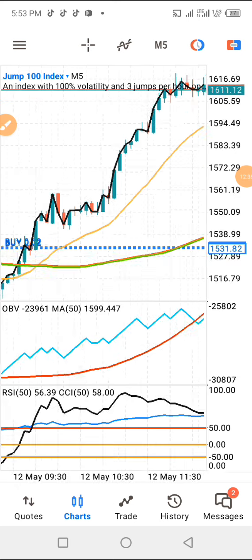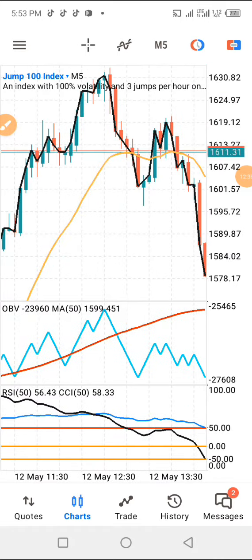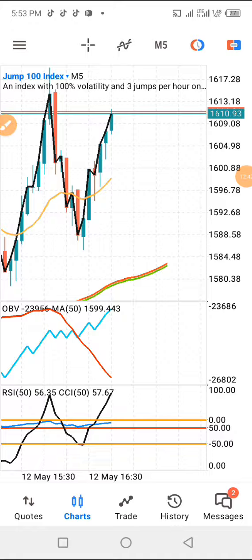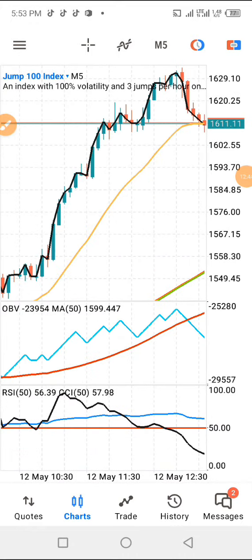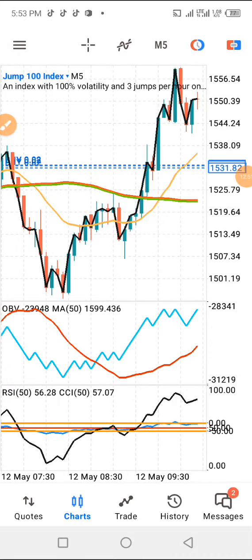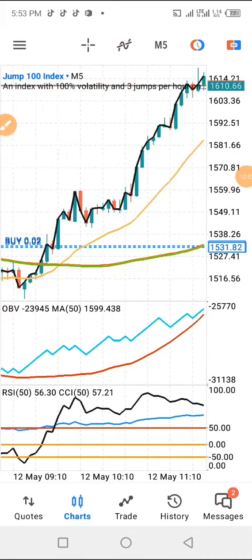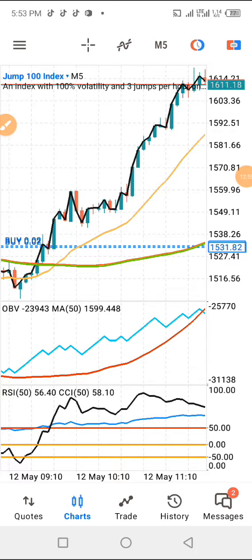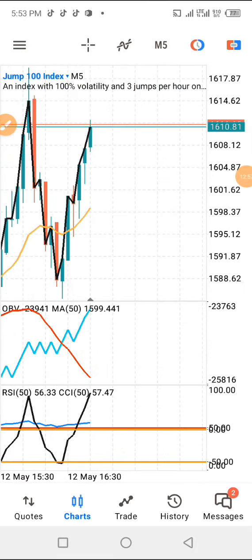So there is a bit of difference, but when you use this one, definitely you'll be able to scalp with it. The difference between this one and the system is just a little. So if you focus on this, you can definitely make proper adjustment.